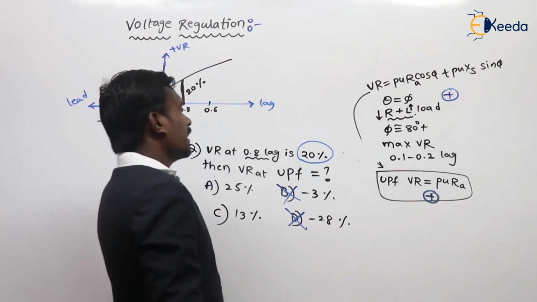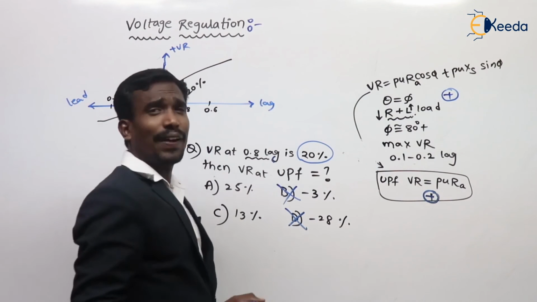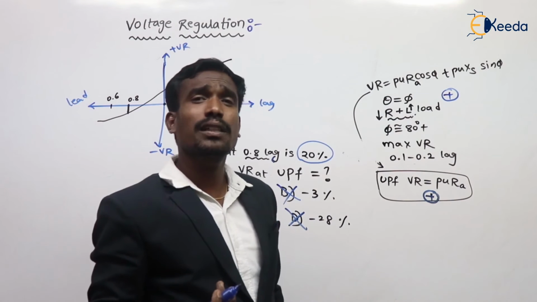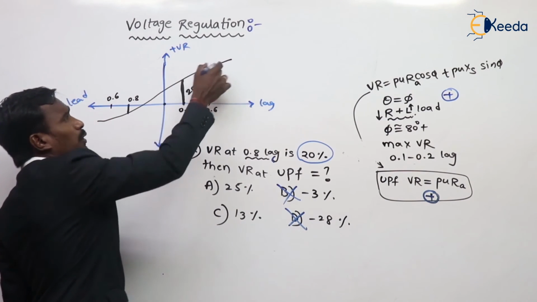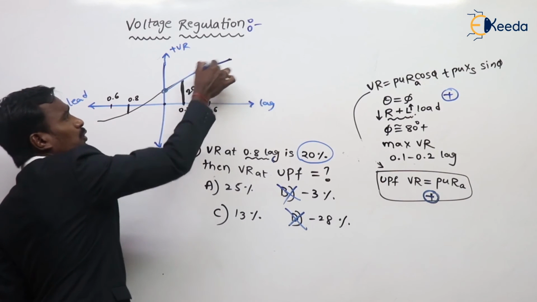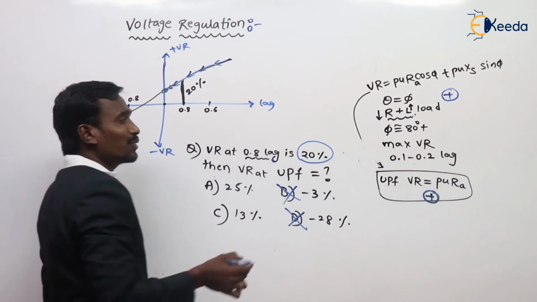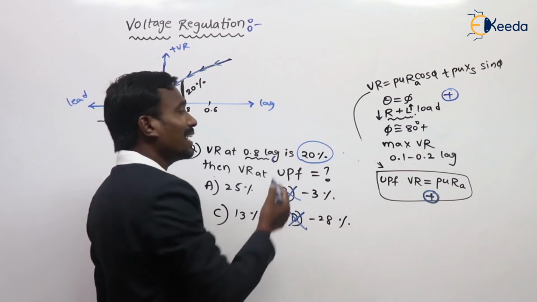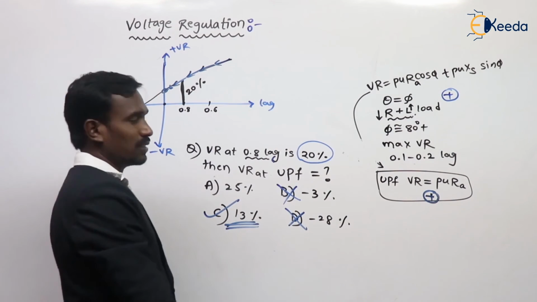Next one. Does the voltage regulation from lagging to unity power factor increase or decrease? From lagging to unity power factor, it decreases. So it should be less than the lagging value. Less than 20 is the 13%.